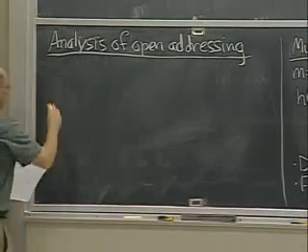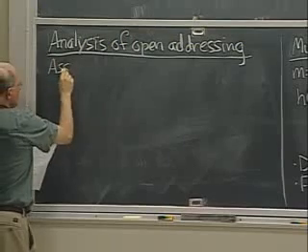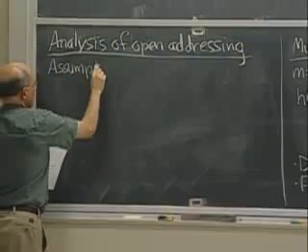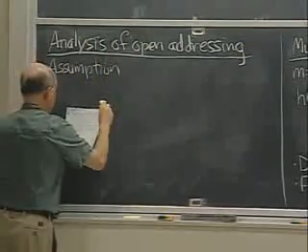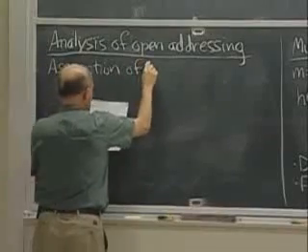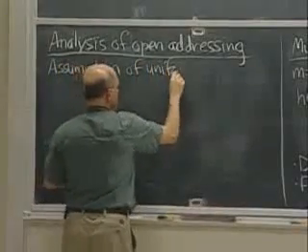And for this, we need a little bit stronger assumption than for chaining, and we call it the assumption of uniform hashing.